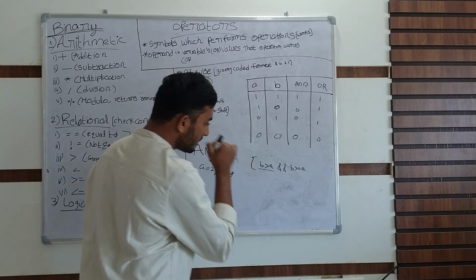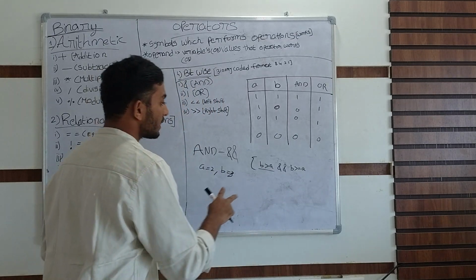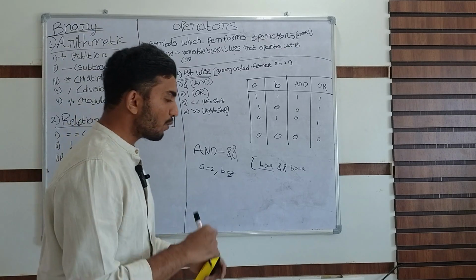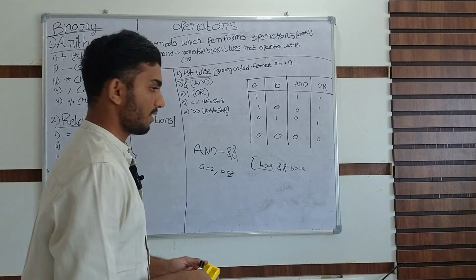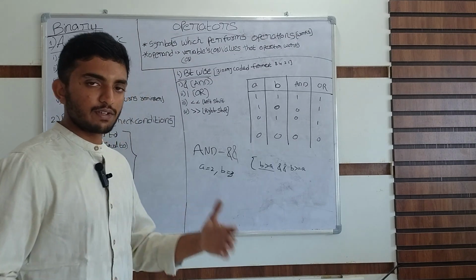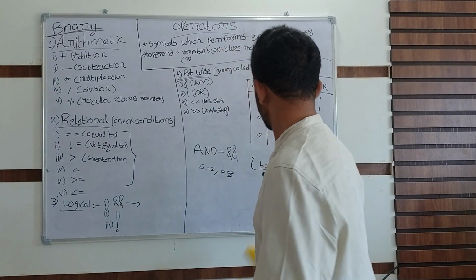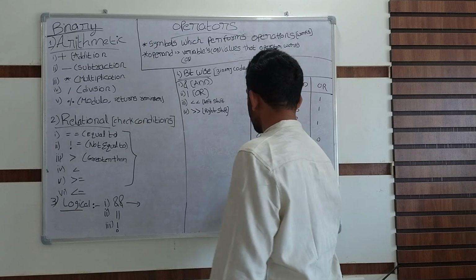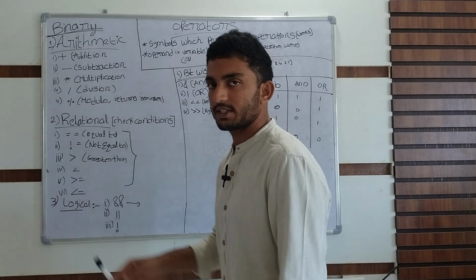In the AND operator, both conditions must be true. If any one condition becomes false, then it will move to the false statements. Initially, I think you are feeling some confusion. Don't panic. In further videos, we'll discuss all of this in detail.